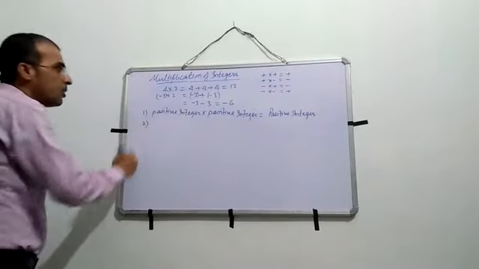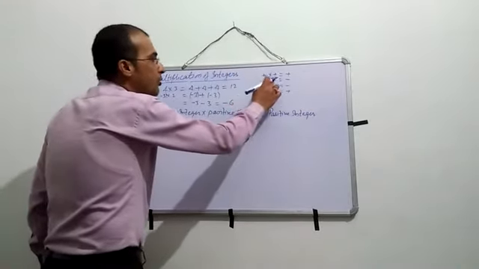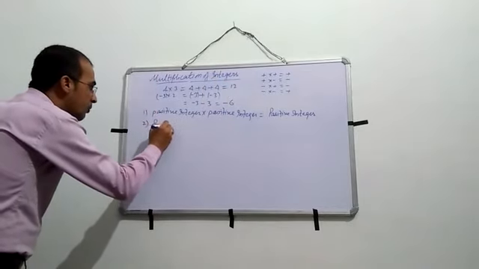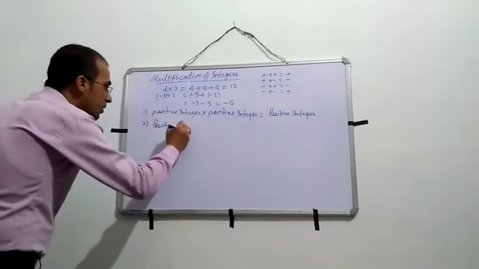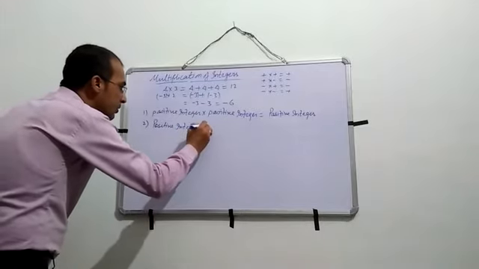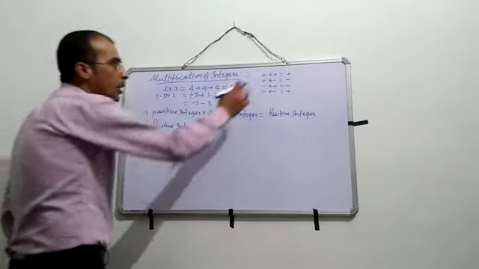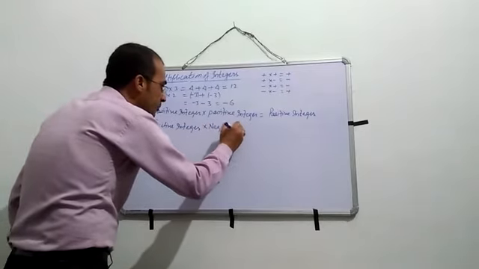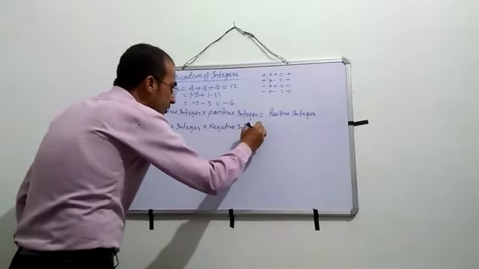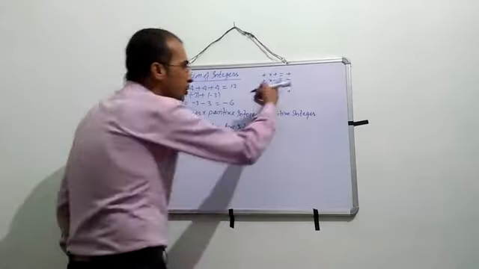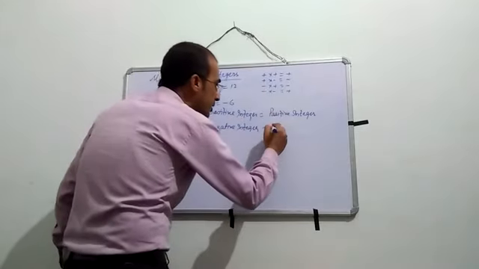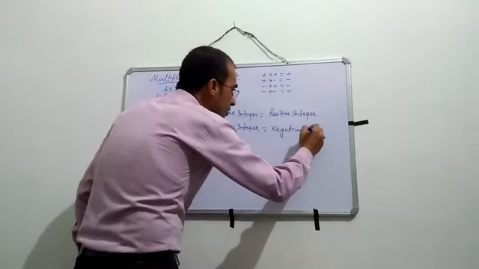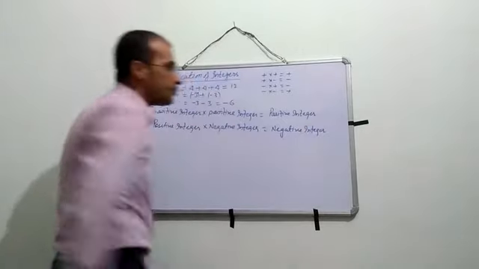Second is a positive integer multiplied with a negative integer. What will you get? You will get a negative integer.